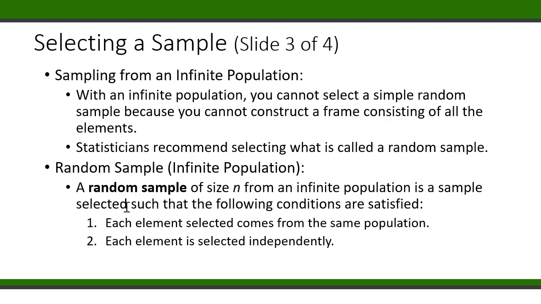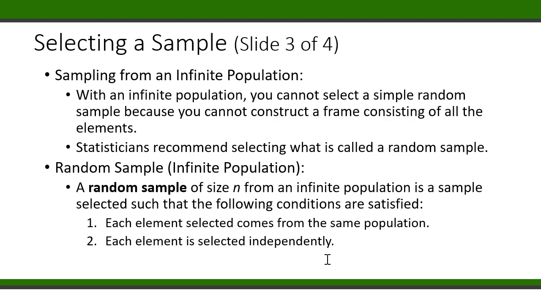A random sample of size n, the little n, from an infinite population is a sample that meets these conditions: each element selected comes from the same population, and each element is selected independently. That is, you don't want to select an element that might be dependent on another element.